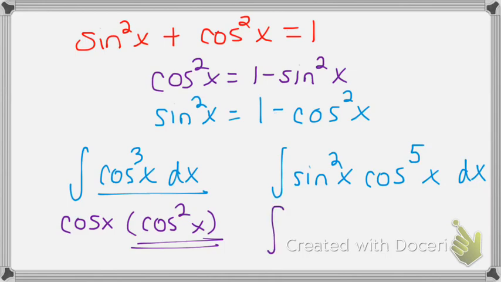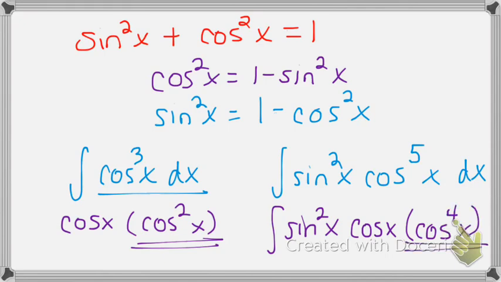This one over here. The part that's odd is the part where you leave one of them and then change everything else. So the sine squared stays. You don't do anything with it. And then you would have one cosine, and then you would have cosine to the fourth of x. And this you would change. That's a weird thing to change because our identity says cosine squared of x.